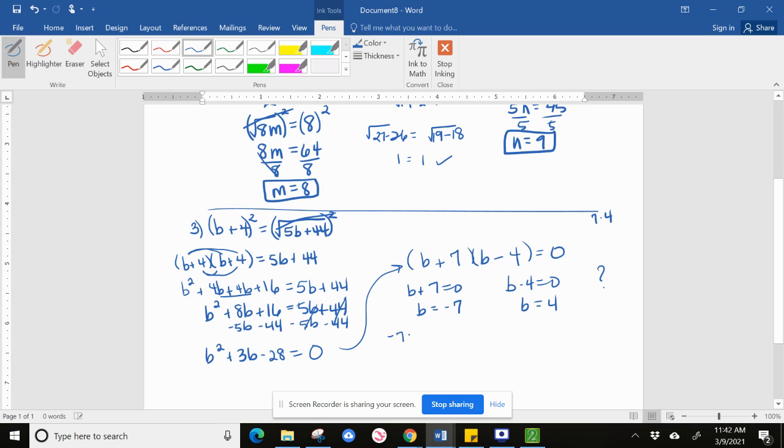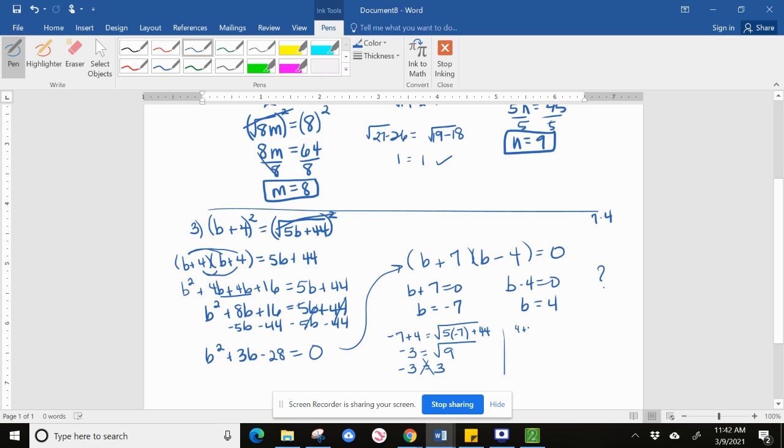So let's plug in a negative 7 first, and I'm going back to the original question to see what happens. All right, so on the left, we get negative 3. And on the right, if I just put what's in the radical in the calculator, I get the square root of 9. Is the square root of 9 equal to negative 3? That's a big no. So let's see if this one works. Let's plug in a 4.